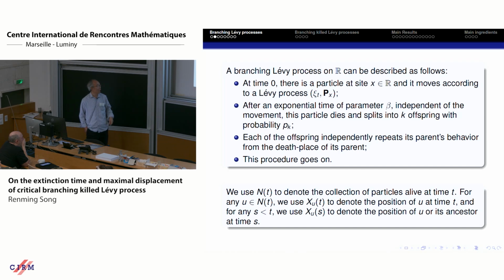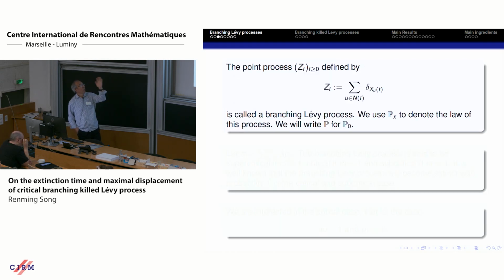So we use Xu(s) to denote the position of u or its ancestor at time s. Now look at time t, collect all the particles alive at time t, and look at their positions. You form a point process, which we call Zt, and this Zt is called the branching Levy process. The standard notation is Px to denote the law of this process, and sometimes we use just P if the initial particle starts from the origin.